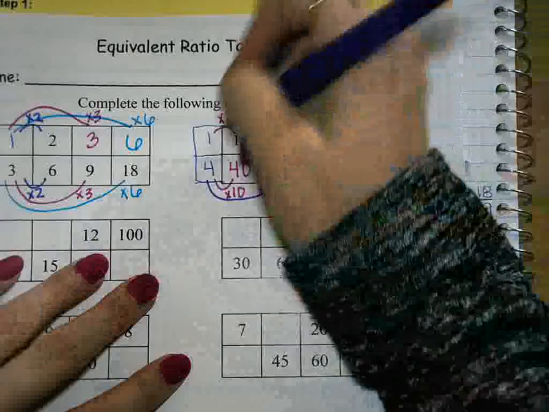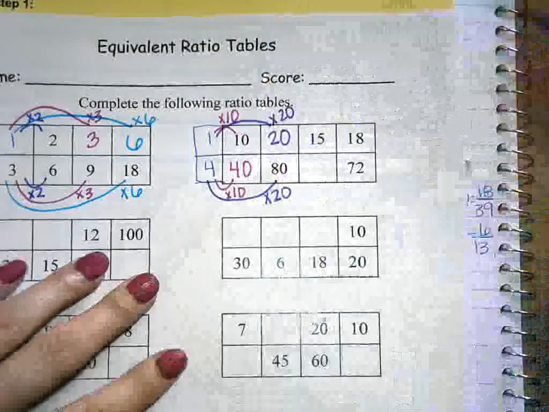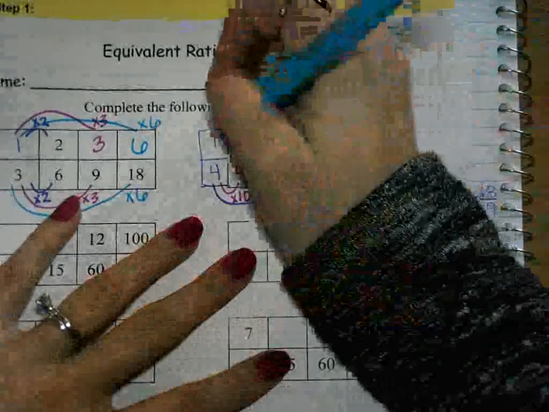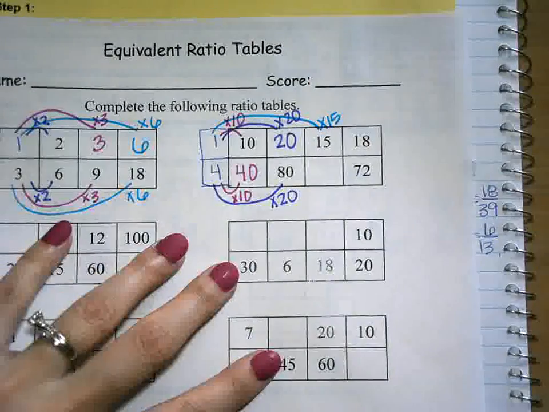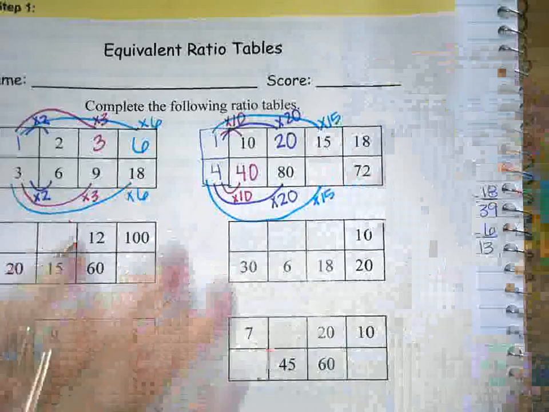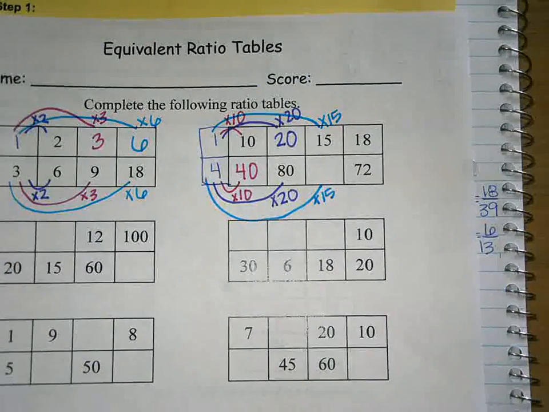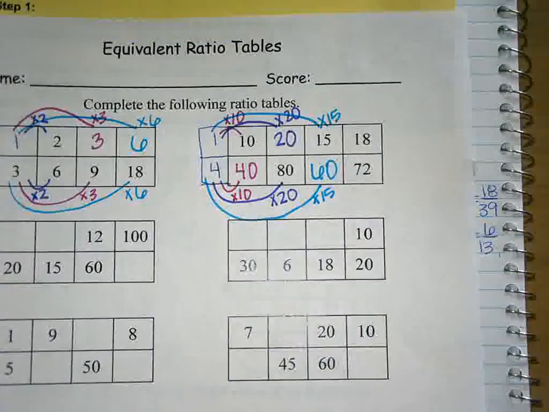Well, 4 times 20 is 80. So 1 times 20 is 20. And then the last one, I have 1 times 15 is 15. So I have to do 4 times 15, and 4 times 15 would give me 60. And that fills in my blanks.